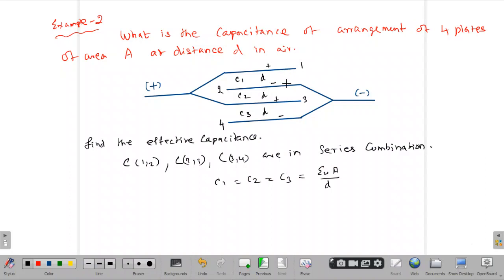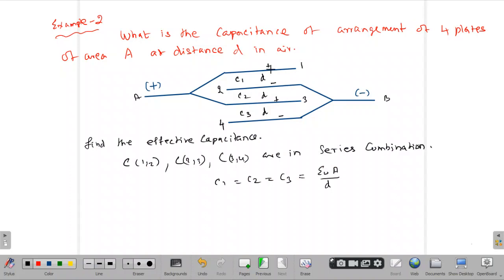The first capacitor's positive terminal is connected to A. The second capacitor's positive terminal is connected to A. The third capacitor between 3 and 4, its positive terminal is connected to A. The first, second and third capacitors' negative terminals are all connected to B.